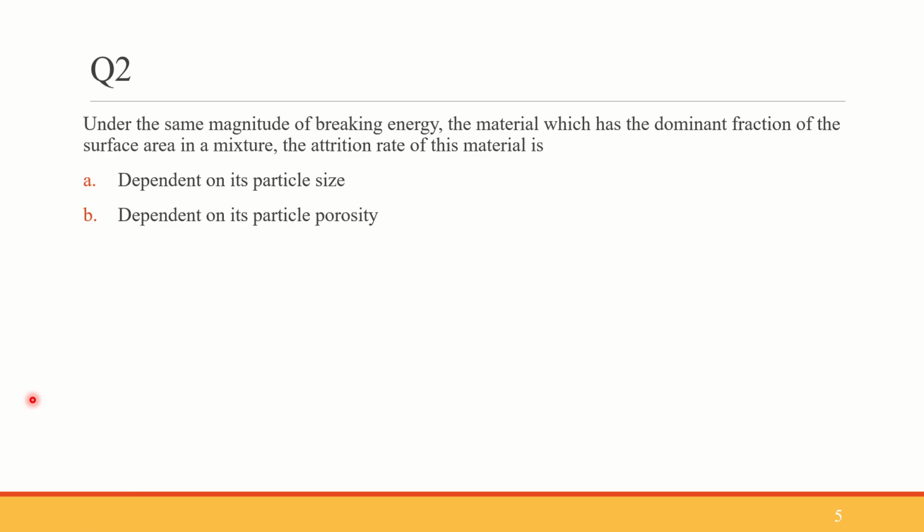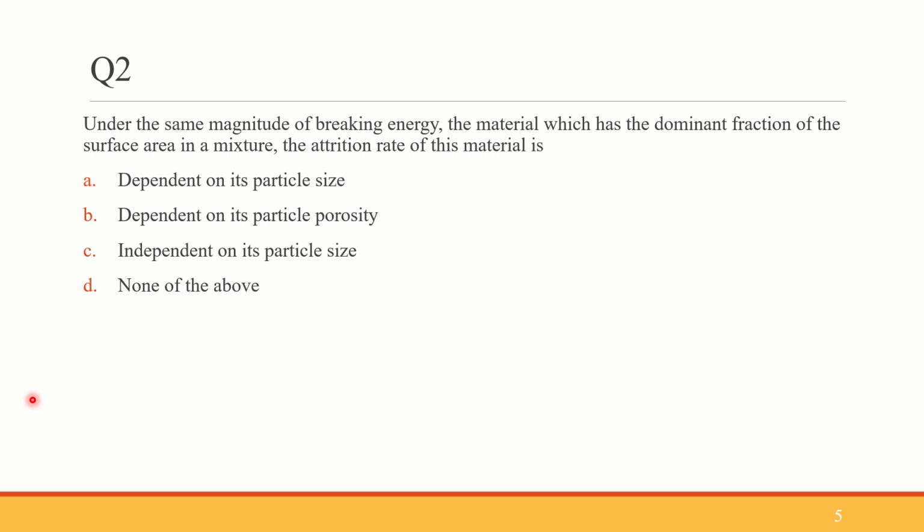What you need to carry away from this slide is that it is asking about the material which has the dominant fraction of the surface area in the mixture. The attrition rate of this material is independent of its particle size because the material has the dominant fraction of the surface area in the mixture.